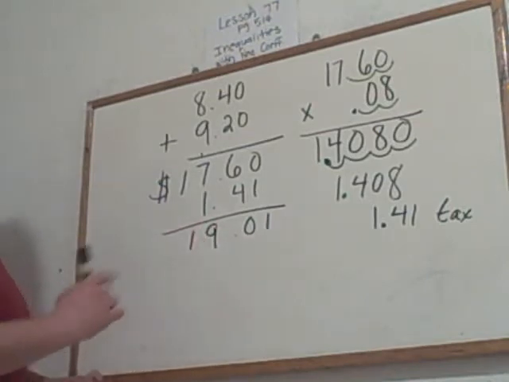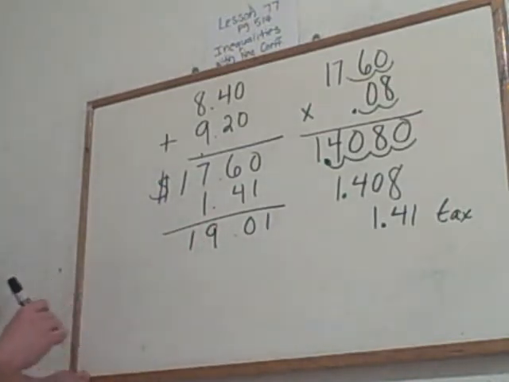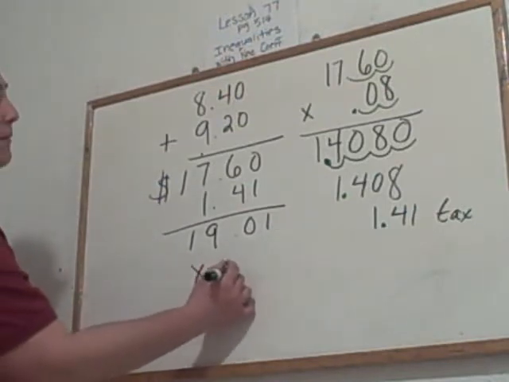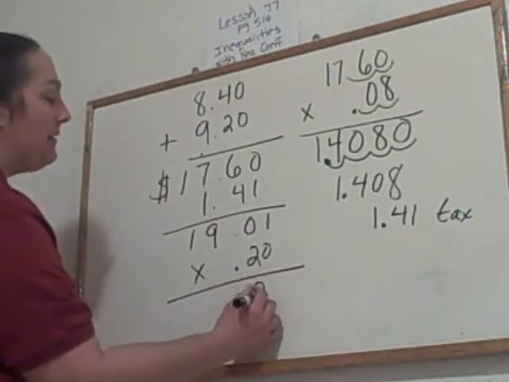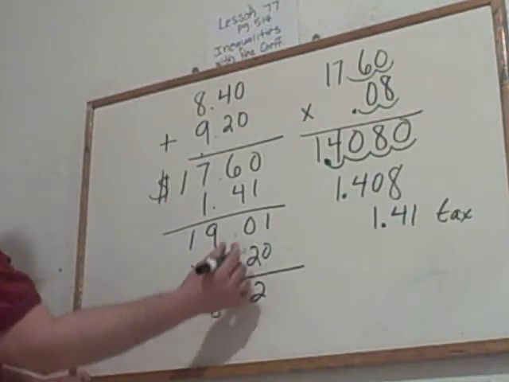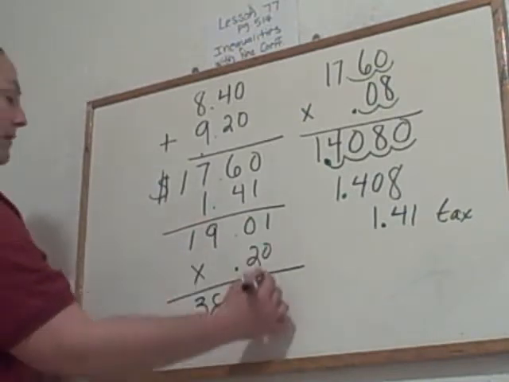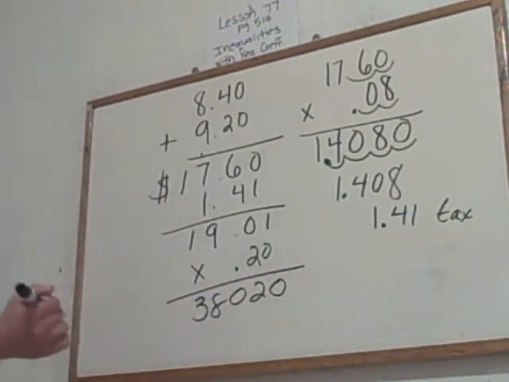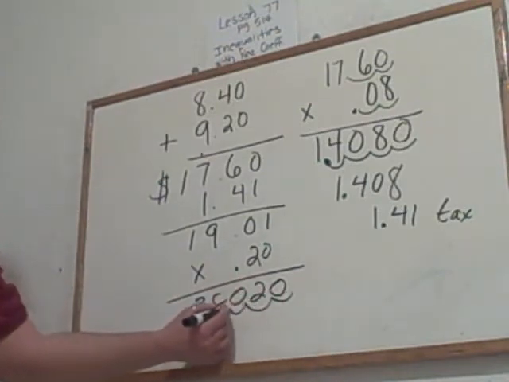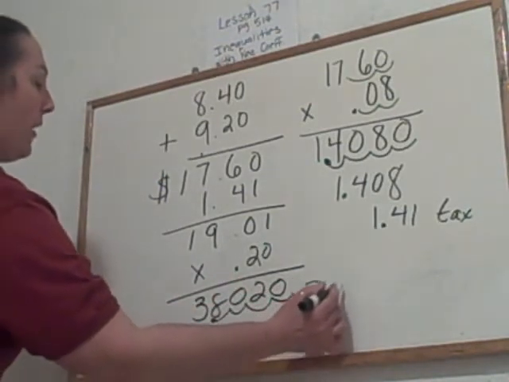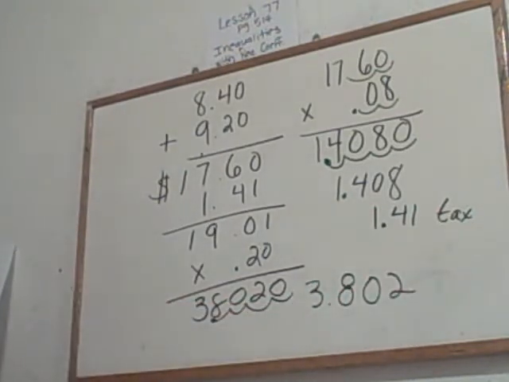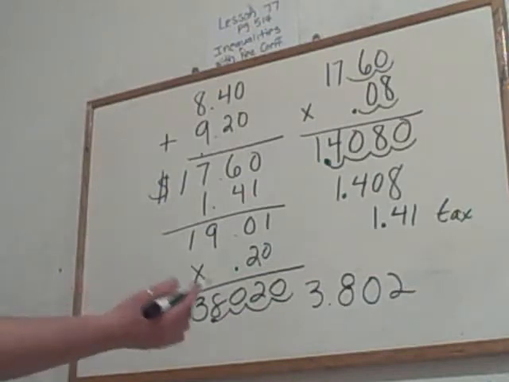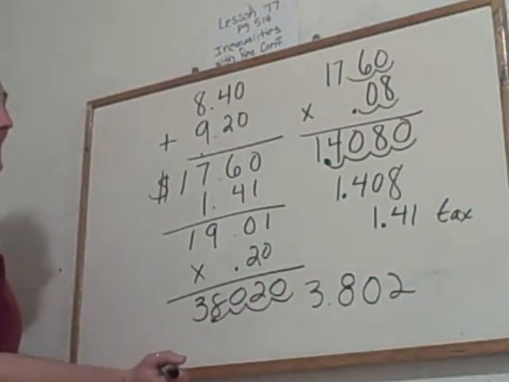of $19.01. They're choosing to leave a 20% tip, so I would then multiply that by 20% to find the amount of the tip. Multiplying that, moving the decimal 4 spaces, gets 3.802, which is then $3.80.